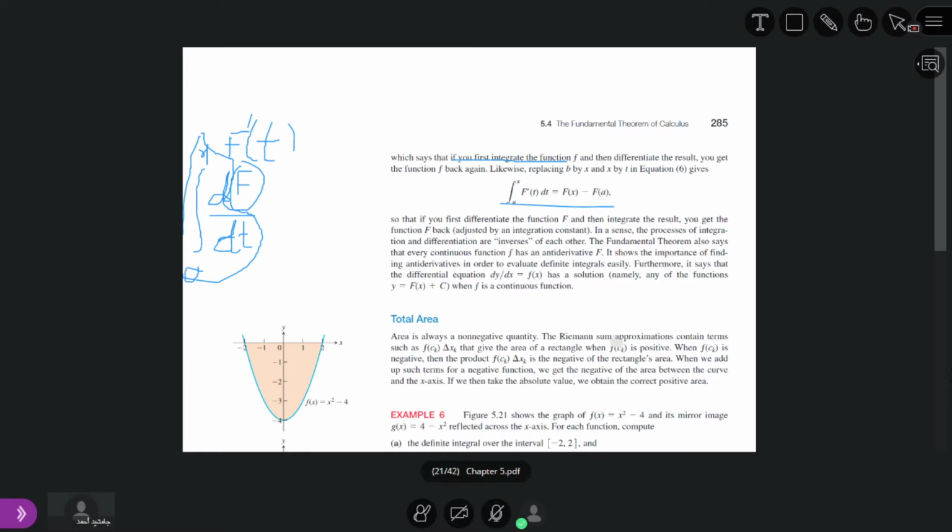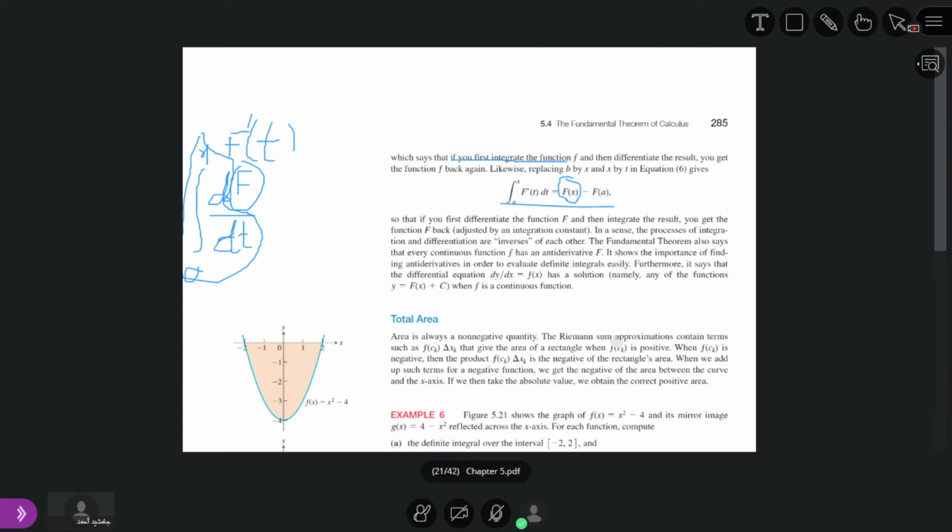The integral can cancel the differential because these are inverse of each other. If these were not inverse of each other, we could not get the original function. So here we conclude from the fundamental theorem of calculus 1 and the net change theorem that if we take the first derivative and then integration, we get the original function.